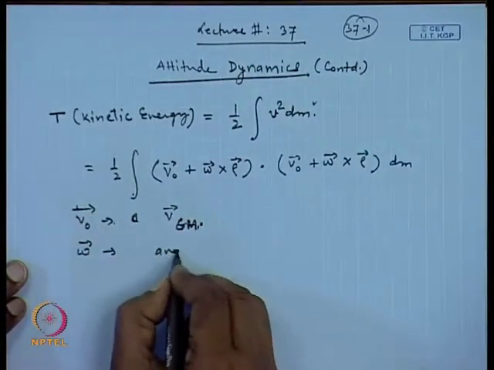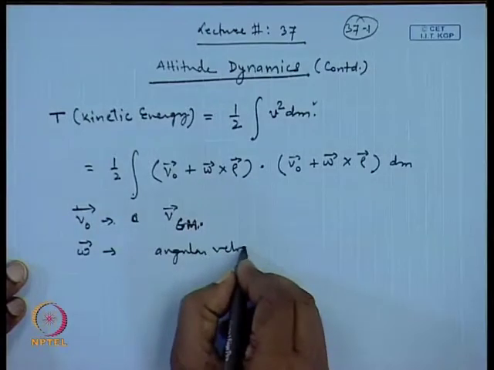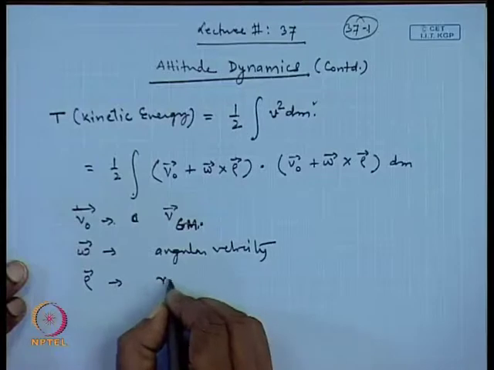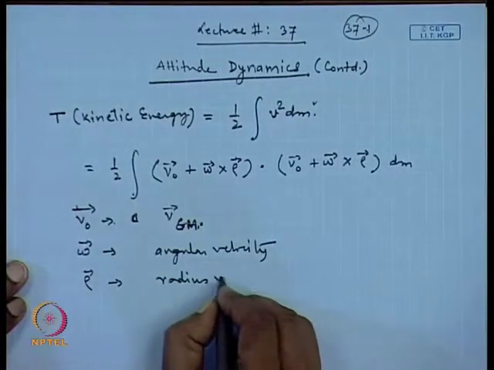Omega is the angular velocity, and rho is the radius vector.